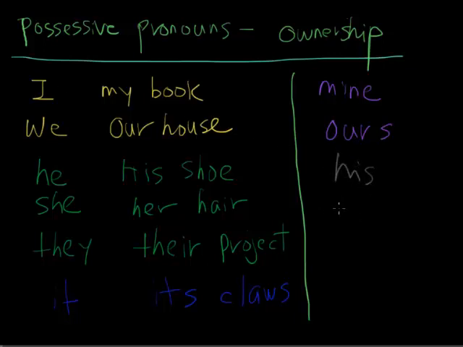Or that string or that piece of hair is hers. And you can say that project is theirs. And its is always the question for me too. So we'll have to just figure this one out. So I hope this helps. Okay, and then the next one we'll just kind of put a little table together and see if we can summarize everything.